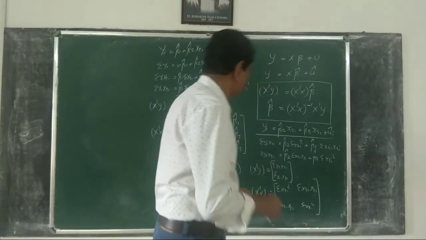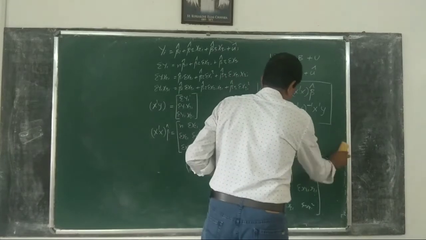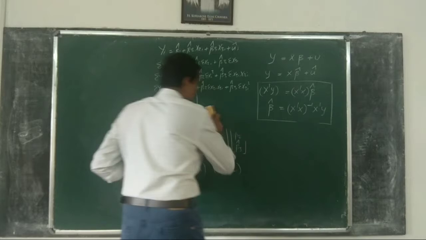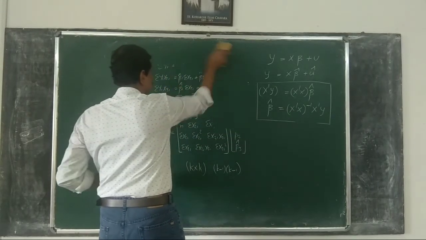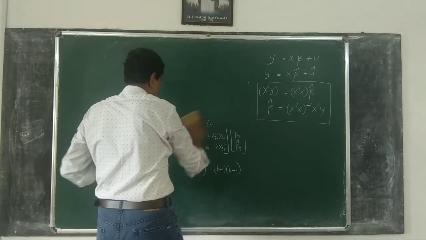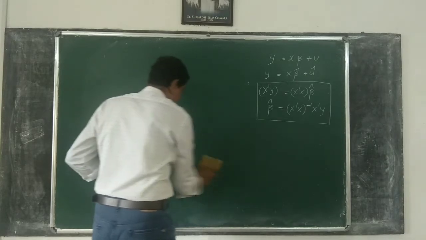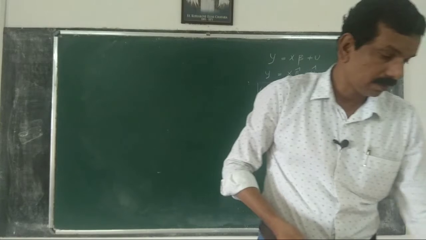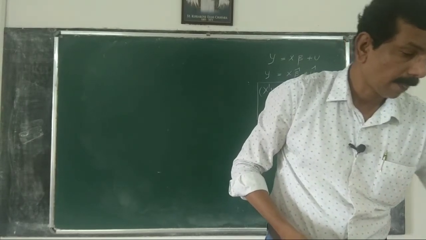Now let us see how we actually derive beta hats. We consider the derivation of the vector beta hats in the context of a two variable model because it is easier to derive the results.